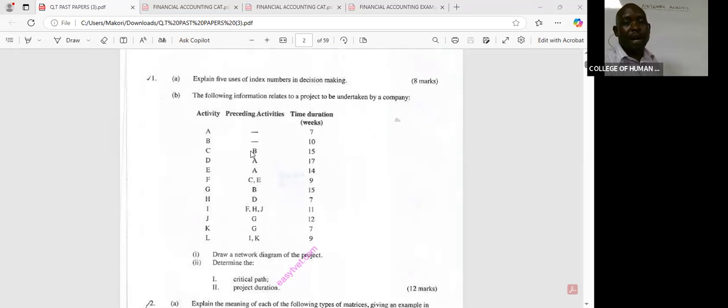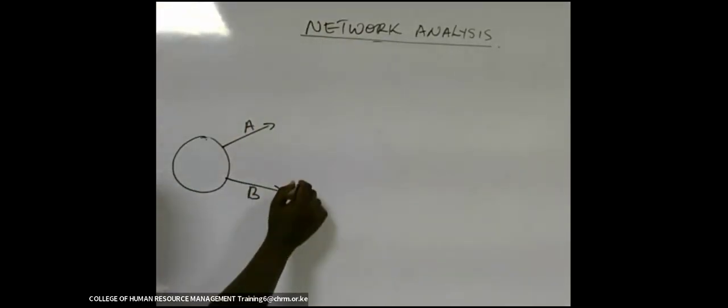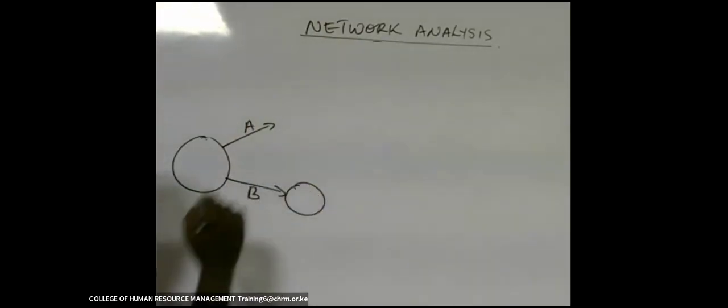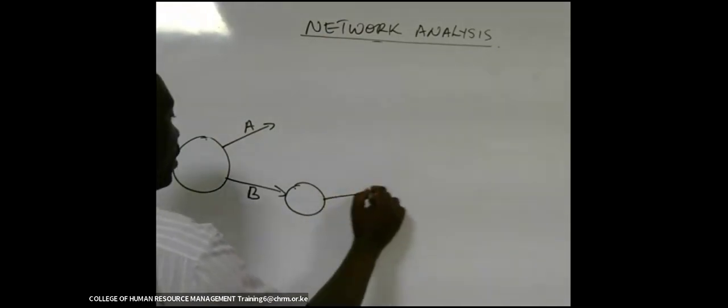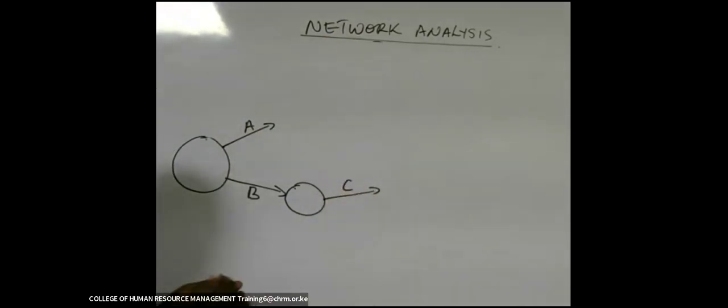Do we have a case whereby C is combined with either A or B that have already been completed? Here, C is combined with E. So C is not combined with any of these two activities which have already been undertaken. So it will start after B has been completed. Activity C will start.